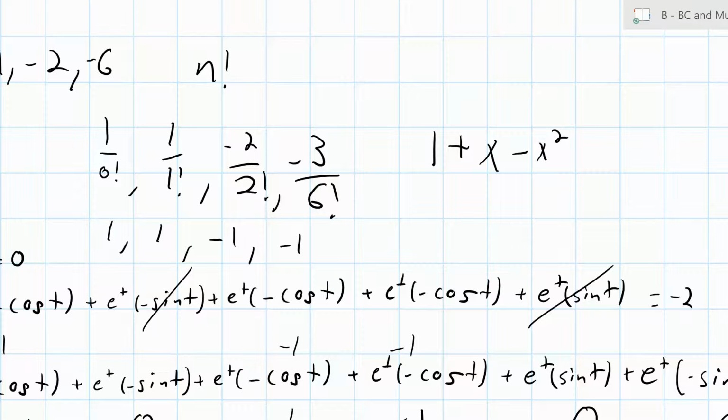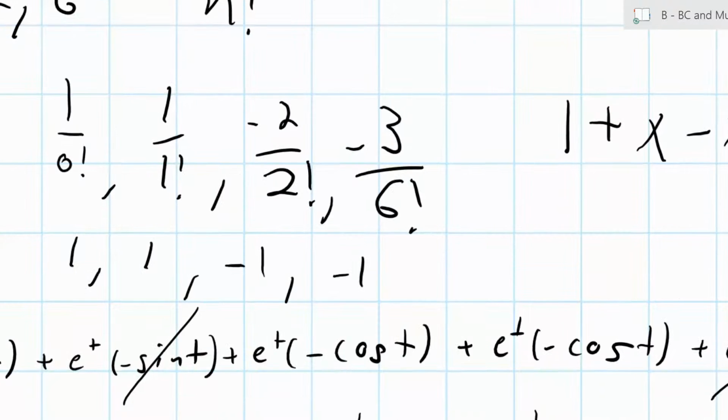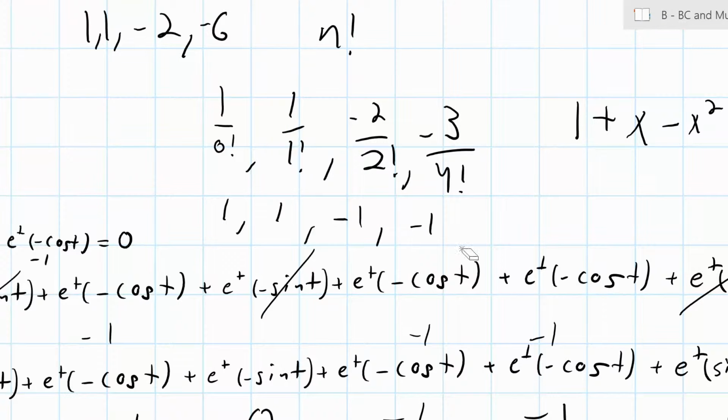Oh, wait, no, I made a mistake in here. This is not 6 factorial. That should be 4 factorial, and that should be negative 6.